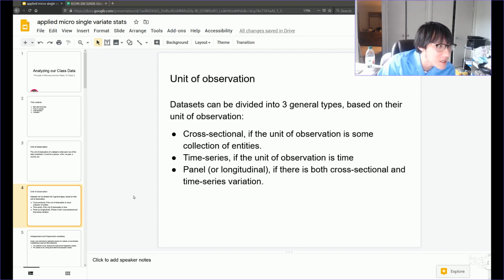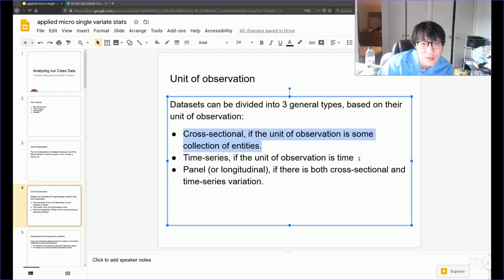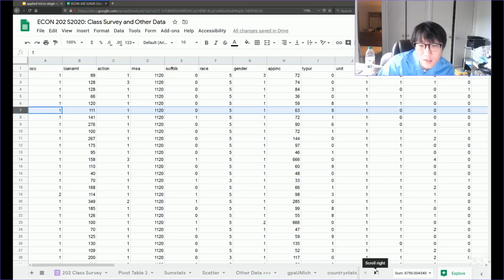Now based on what the unit of observation of a data set is, we can classify all data sets essentially into one of three types. The first is cross-sectional, the second is time series, and the third is a panel data set. So let's look at an example of each one of these. Most of the data sets that I have here in our little Excel sheet are cross-sectional.